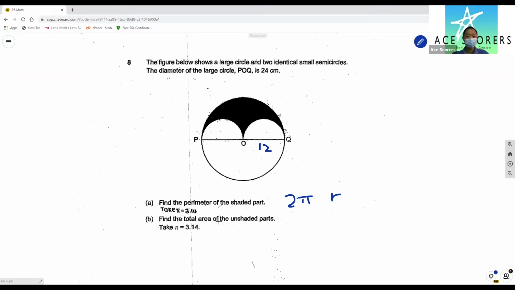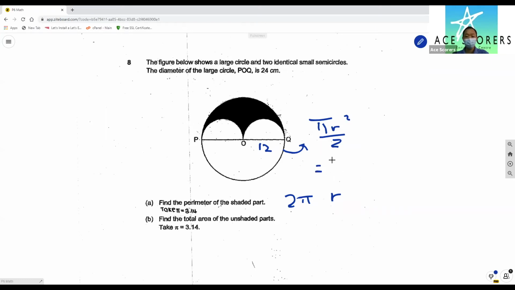Next, find the total area of the unshaded part. So the total area of the unshaded part is a semicircle and two semicircles. One big semicircle, two small semicircles. So what's the area of the one big semicircle? Pi r square, divided by 2.